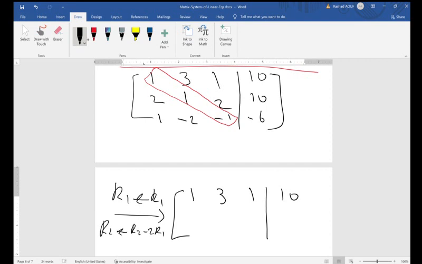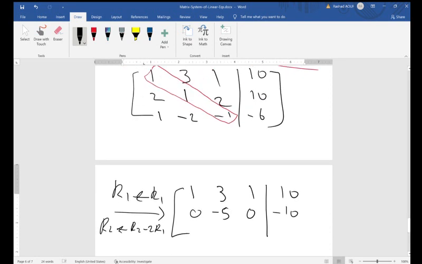It will be like this: 0, 1 minus 6 is minus 5, 2 minus 2 is 0, 10 minus 2 times 10, 10 minus 20 will be minus 10.